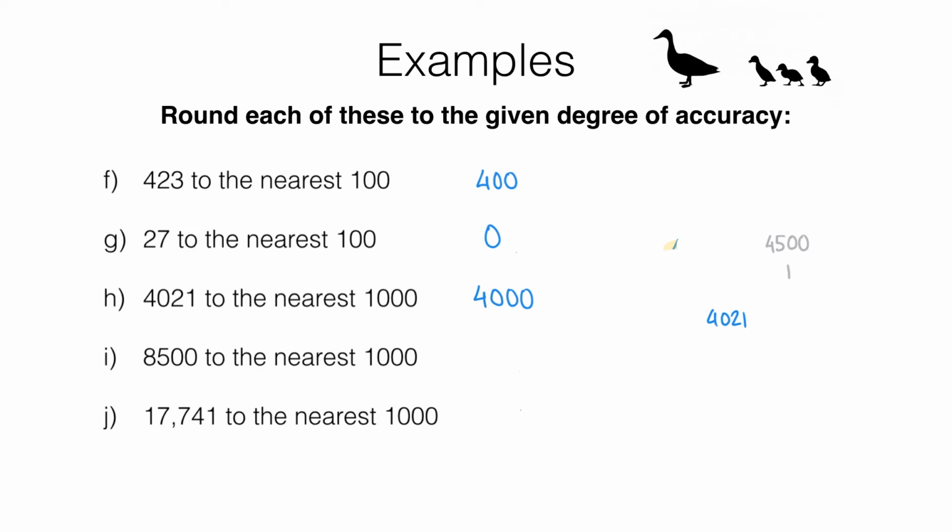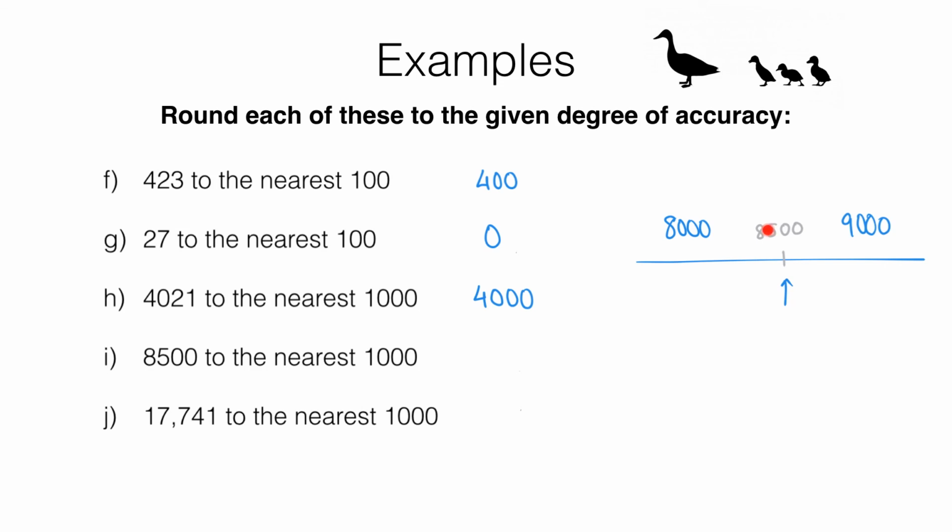Moving on to I, we have 8500. And again, we're trying to round to the nearest 1000, which means we're looking at 8000 and 9000 on our number line. And exactly halfway between those is 8500. But that's the very number we're interested in. What does that round to the nearest 1000?